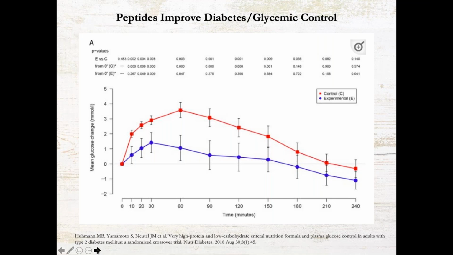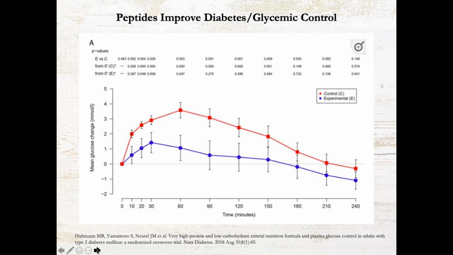And when we look at this with pea protein, you can see that mean glucose levels here at these different intervals is considerably lower in the hydrolyzed or peptide form of protein delivered in this enteral formula.